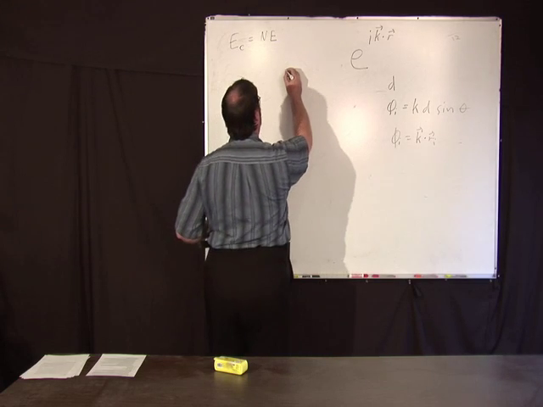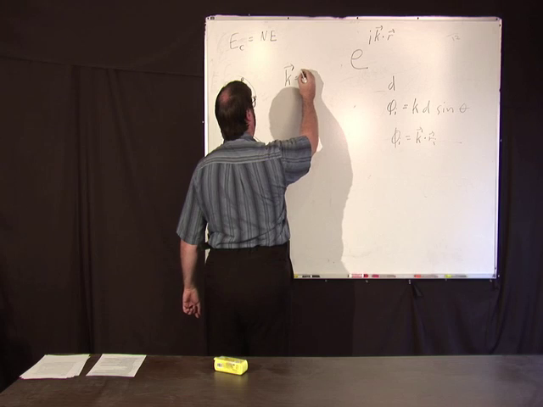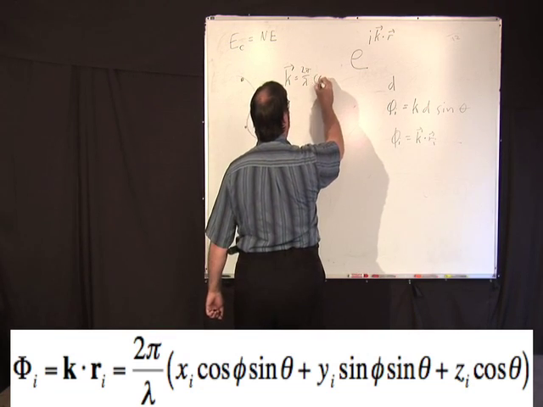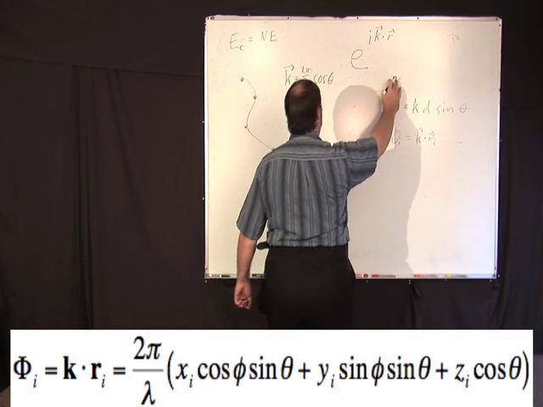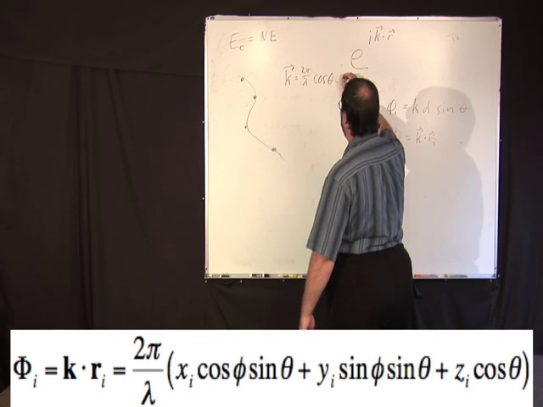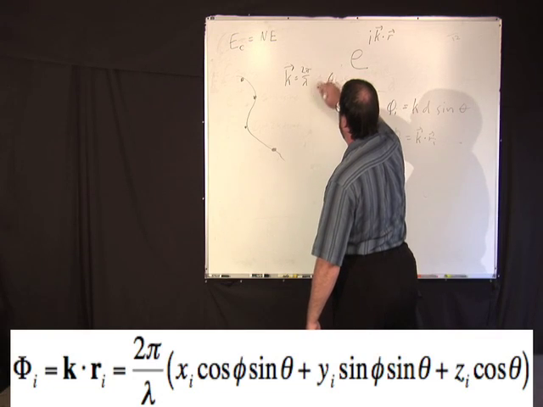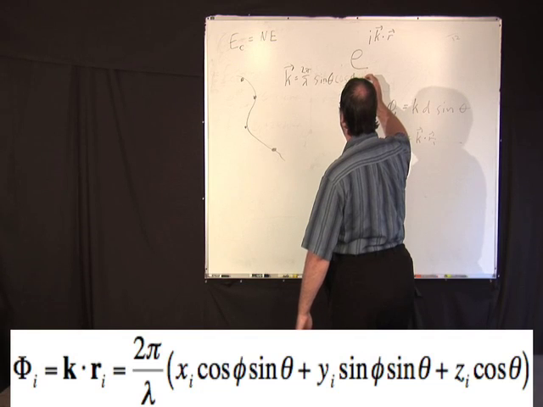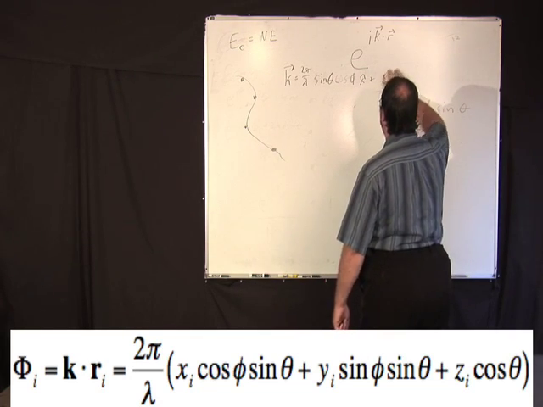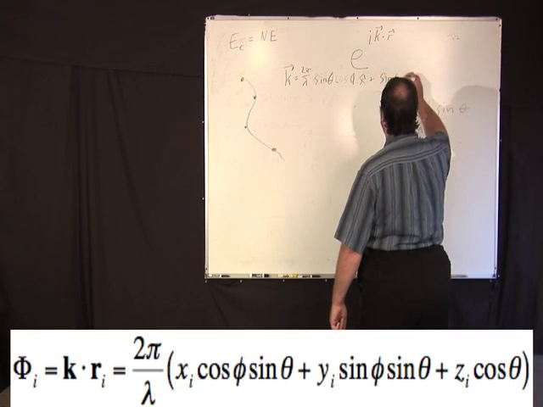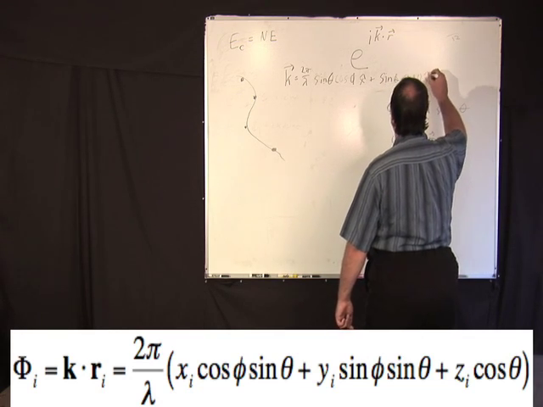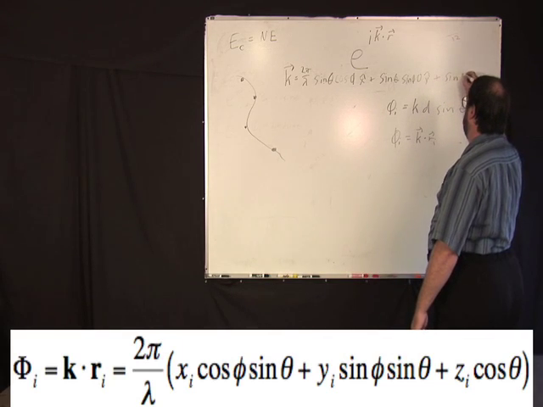Well, k is going to be 2 pi over lambda times, these are all polar coordinates, cosine theta, sine theta, cosine phi, x hat plus cosine theta, cosine phi, sine phi, y hat plus sine theta z hat.